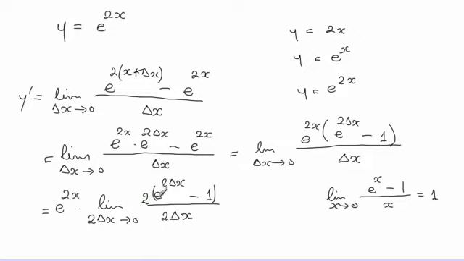What we have in these brackets is an expression exactly like that one. So now if we let this tend to 0, we see that we've got compatibility, and we can conclude that this limit equals 1. So what we're going to have now is e to the power 2x multiplied by this 2, which doesn't depend on delta x, so it's 2 times 1.